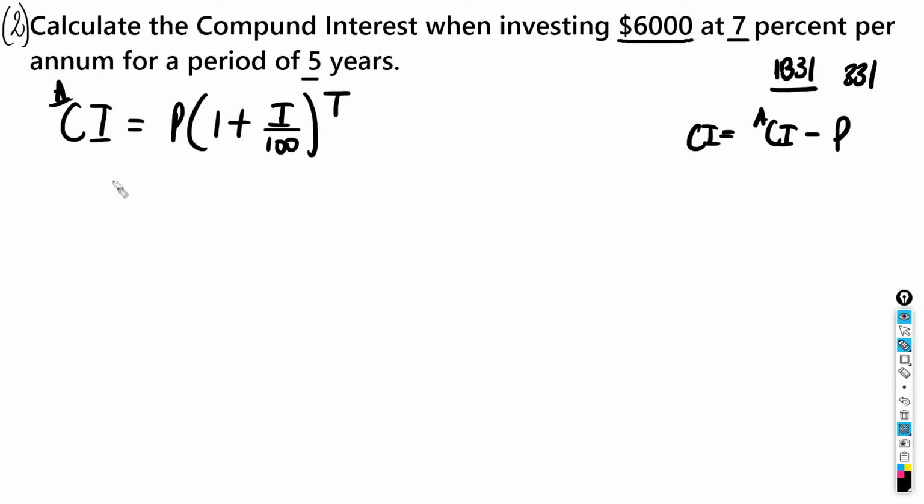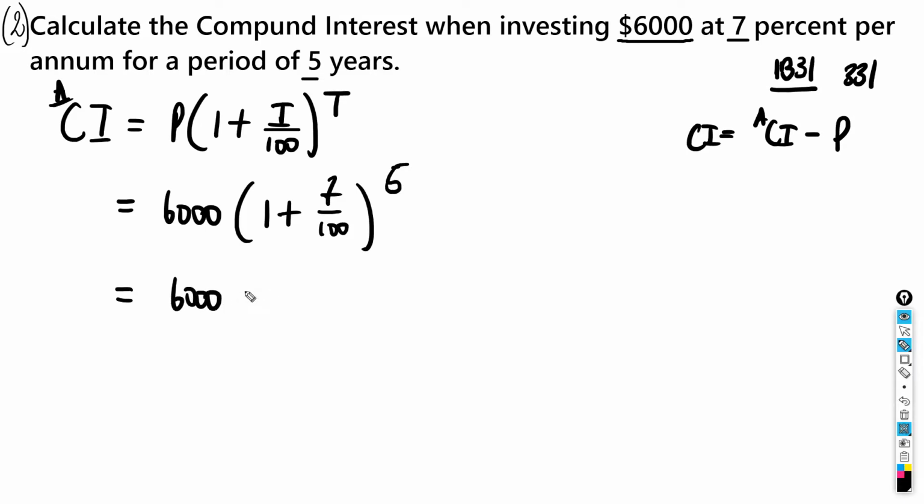Let's just calculate that. In this case, the principal is 6,000 times 1 plus 7%, so it's 7 over 100, to a period of 5 years. So we're going to end up with 6,000 times 1.07, since 7 over 100 is 0.07, to the 5. How do we calculate this?